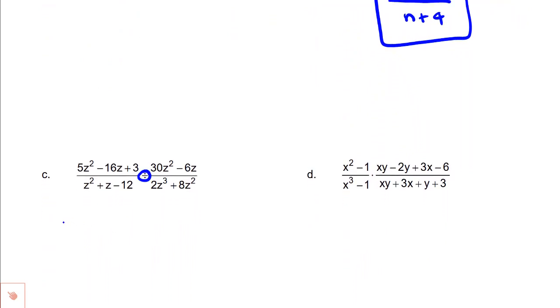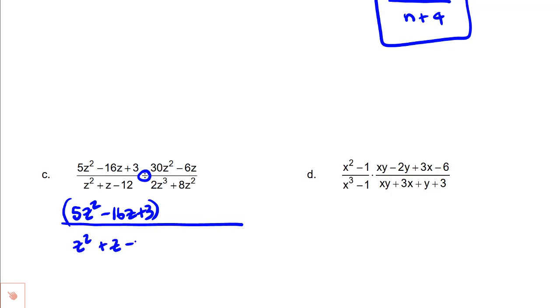Division becomes what? Multiplying by the reciprocal. So the 5z squared stays on top. The z squared stays on the bottom.